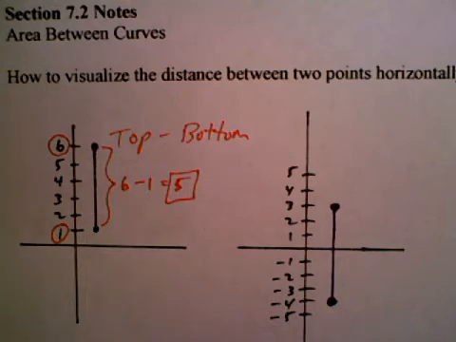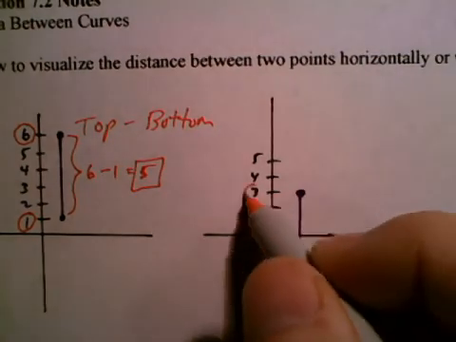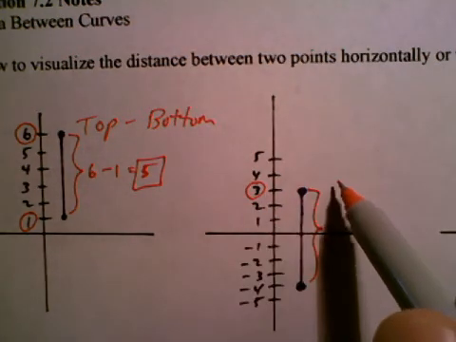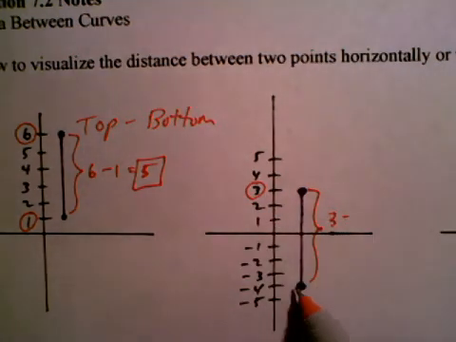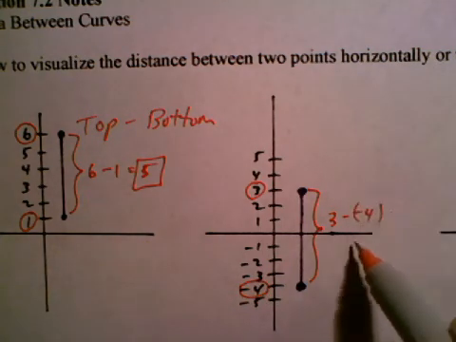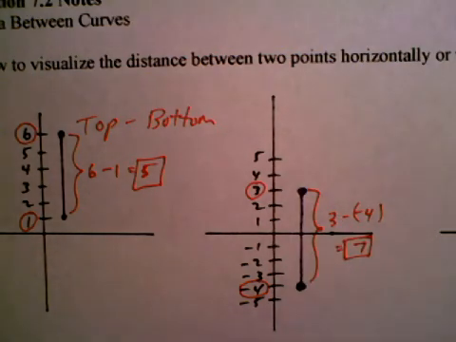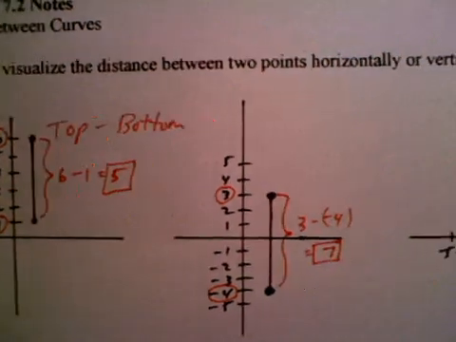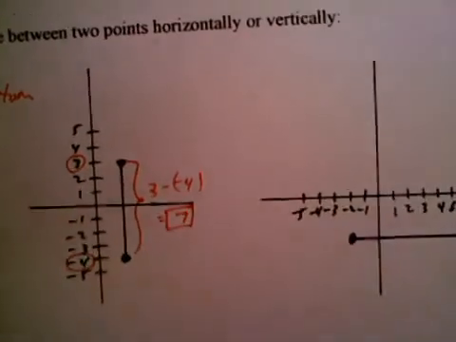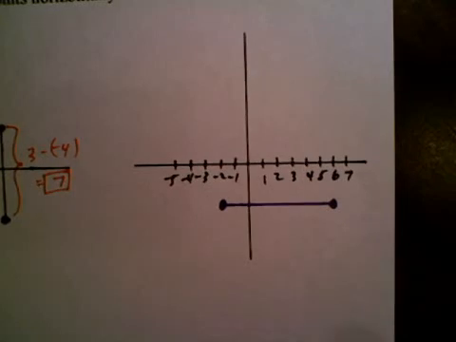And it also works with negative numbers. For the distance between these 2 points, it's the top number minus the bottom number, and the bottom y-coordinate is -4. So the distance between the 2 points is 7. And then one last one, which is the one students make the most mistakes on, is when you go right to left or left to right.